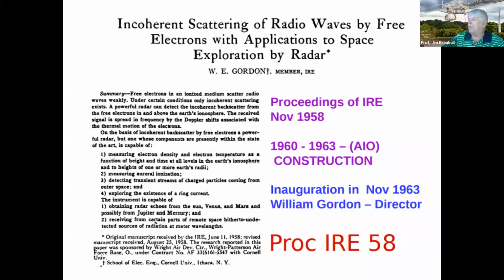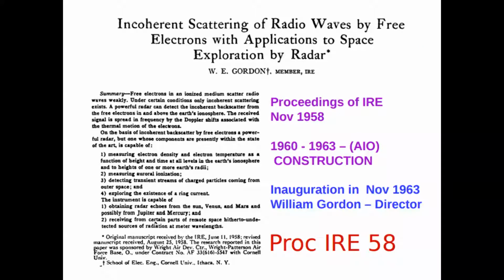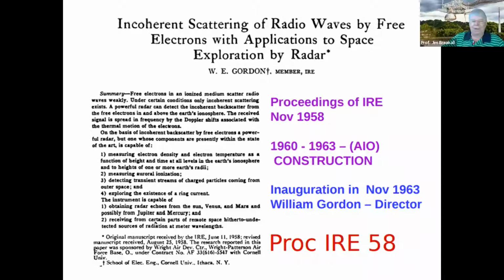But there is a small amount of scattering that occurs from the electrons and ions that are in the ionosphere. And so if you could build a radar and measure this scattering, you could then determine things like the density of those electrons in the atmosphere and their distribution on height, temperatures, things like that can all come out of the physics.